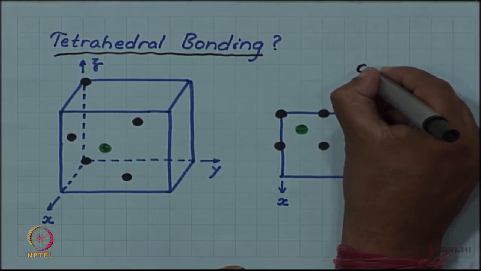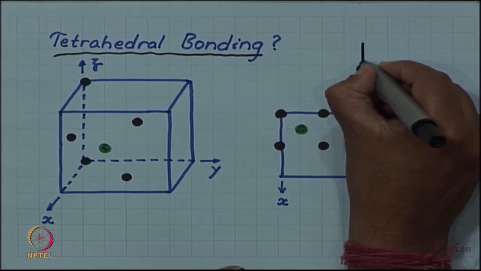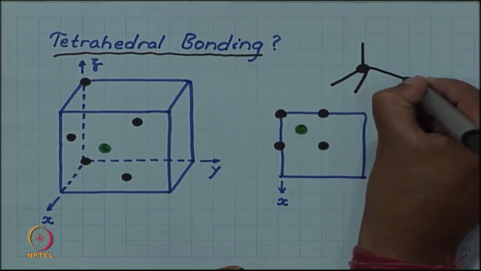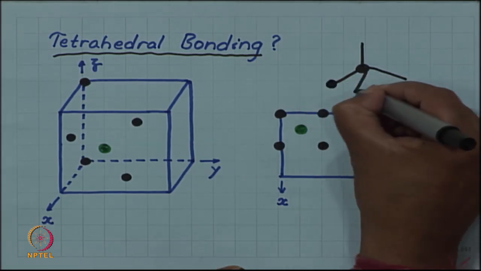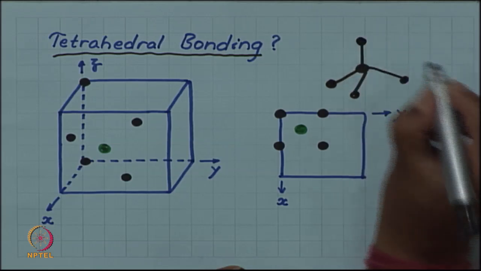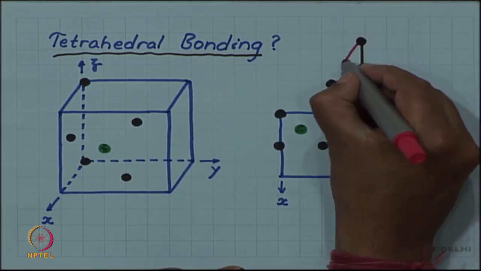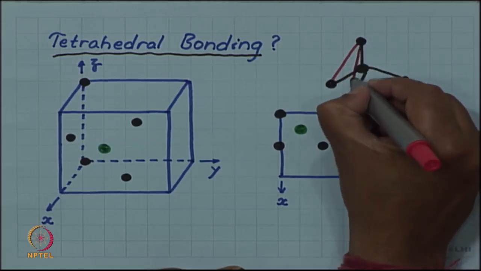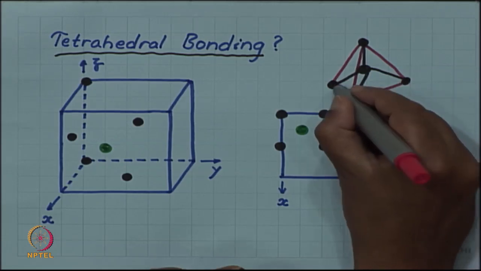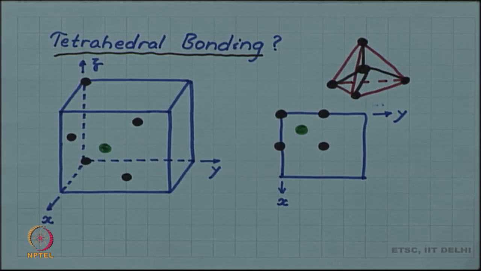So, if I take a carbon atom in diamond, it is supposed to be bonded to 4 other carbon atoms and these 4 carbon atoms, if I join, they are on the vertices of a tetrahedron. They are forming a tetrahedron.